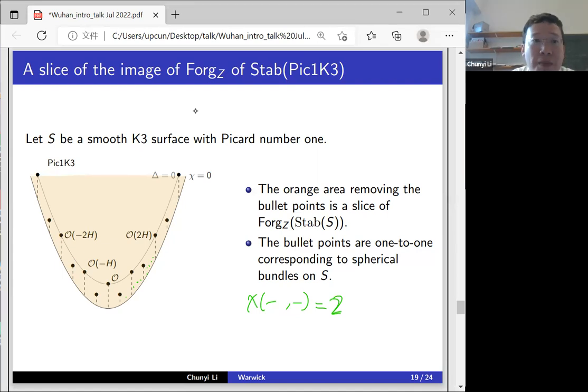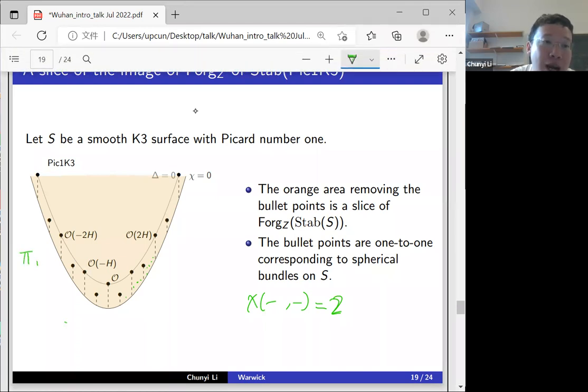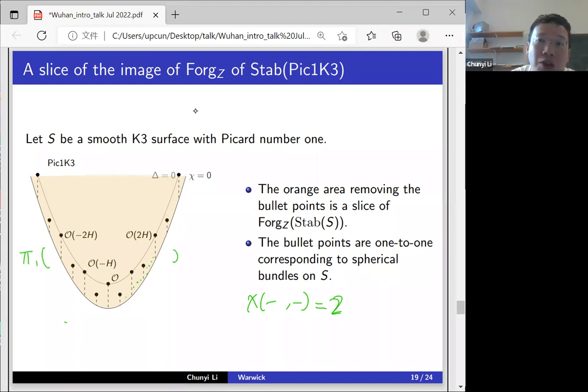Namely, if you lift it, the space of the stability manifold will be a universal cover of the space here. A direct corollary of that is the pi one of this space. And actually, I missed the homological shift by 2 here. So, direct sum over.